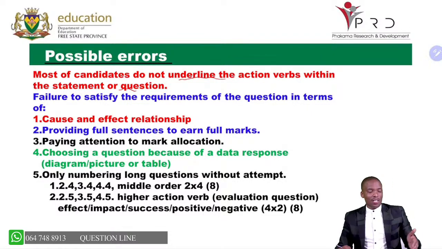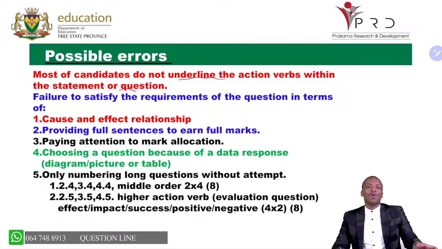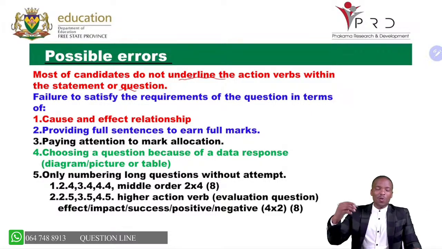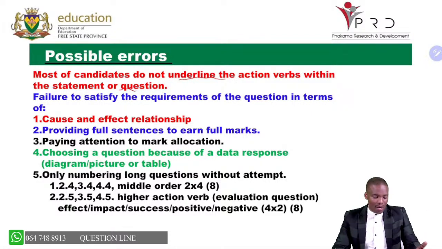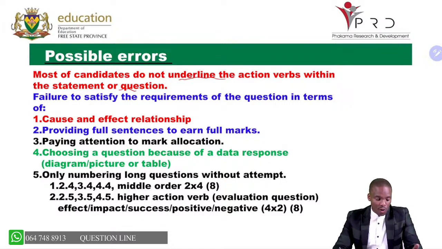So here we are looking at something as an impact of something, where learners only focus on one element and they don't look at the other element. You'll see those cause and effect relationships as we do the questions. The other one, a failure to provide full sentences so that they can add marks.